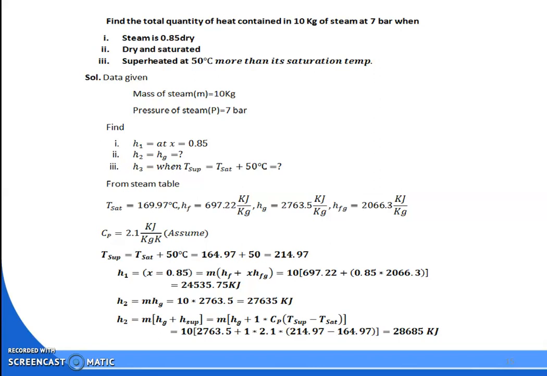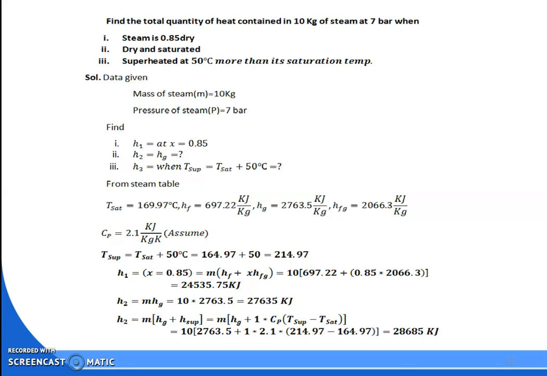First H1, second H2, third H3. For the first, H1, when the steam is 0.85 dry, the equation will be hf plus x hfg.